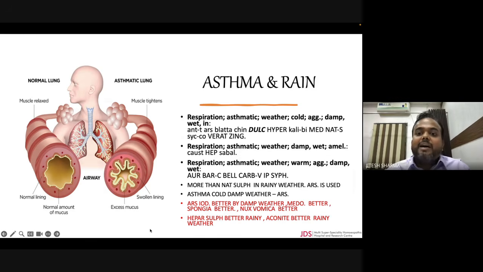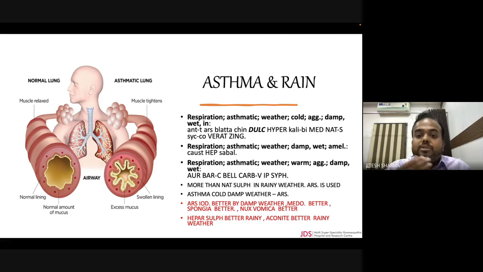Next, asthma and rain. The interesting part is you need to prepare yourself with all the weapons we have in asthma, because what is deadly here is the patient will keep on complaining that I am feeling breathlessness, please help me doctor. So in damp weather, the first remedy we all know, Dulcamara. There are other remedies as well like Blatta, Antimonium tartaricum, China, Hypericum, Kali bichromicum, Medorrhinum, Natrum sulph, Psorinum, Thuja, Veratrum, Zingiber.